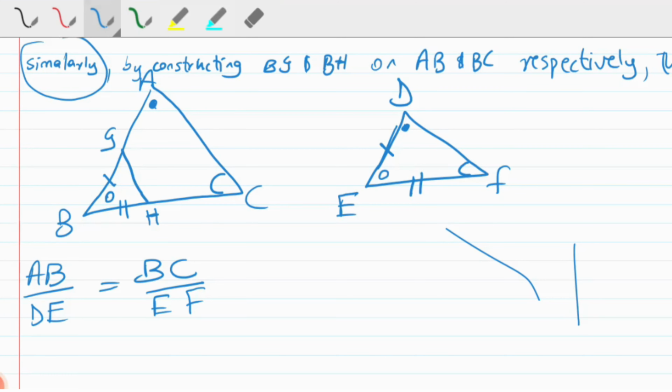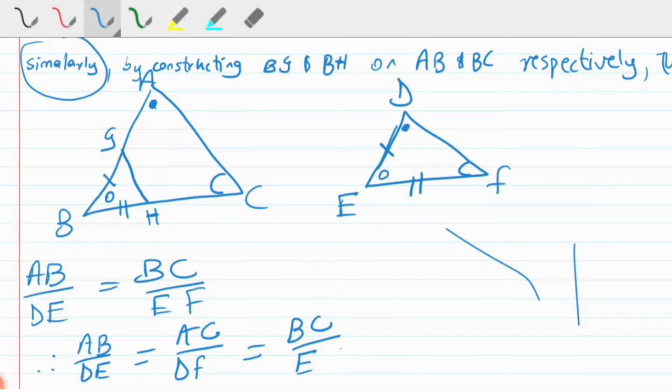If you're going to follow the same logic, you can just say similarly. All right, therefore we know that AB over DE is equal to AC over DF, which is equal to BC over EF.